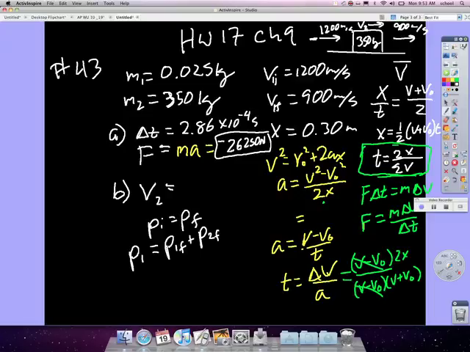Just for grins. Okay, so M1 V1 equals M1 V1 final plus M2 V2. V2's right here. So I'm going to say V2 is equal to M1 times (V1 minus V1 final) over M2.